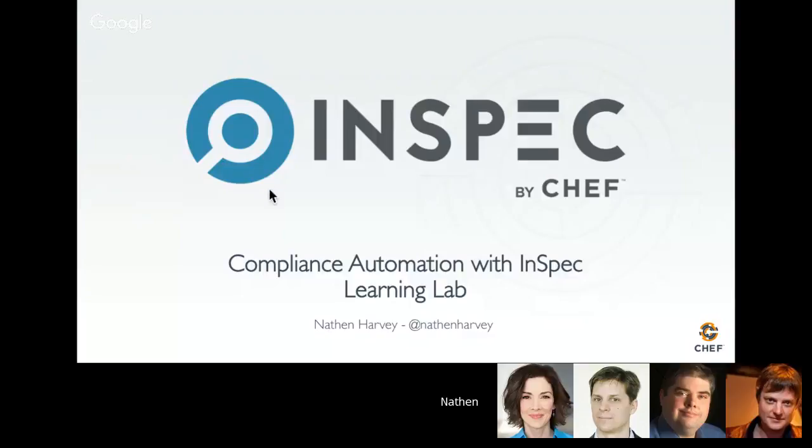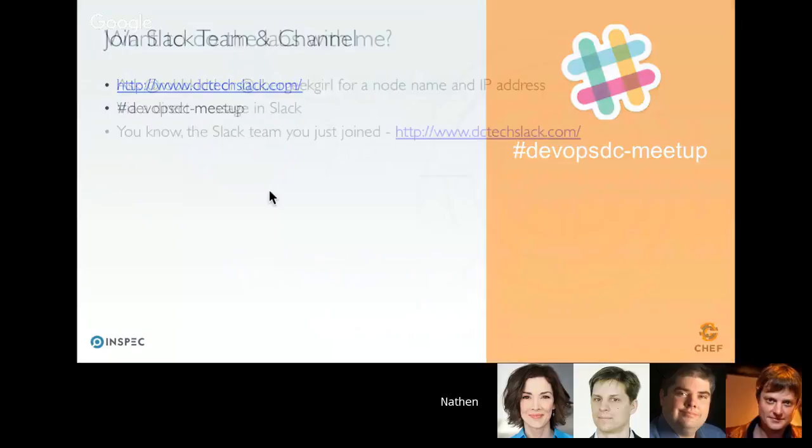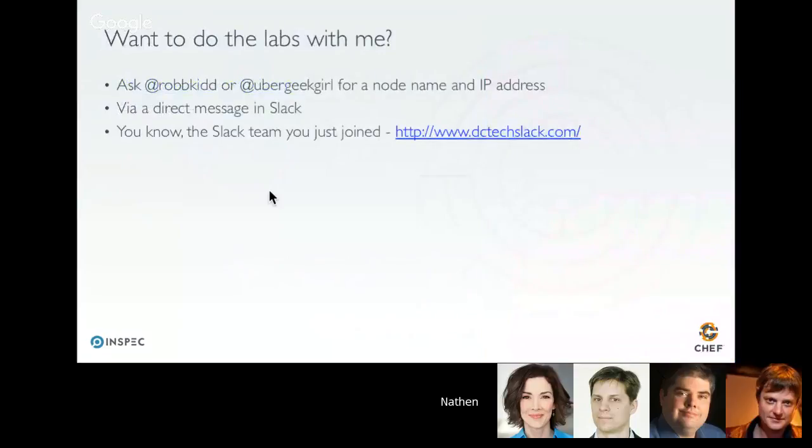If you're just joining or just tuning in, please do come over to dctechslack.com, sign up for that Slack team, and then join us in the DevOps DC meetup channel. Once you're in that Slack team, please reach out to Rob Kidd or Jessica DeVita, that's at Rob Kidd or at UberGeekGirl in that Slack channel, and ask for a node name and IP address.